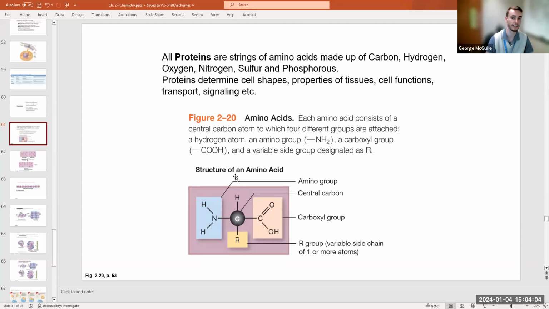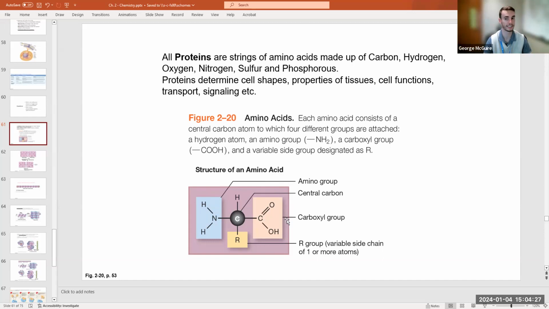And so these proteins, again, are strings of amino acids. So the monomer here, the building block that makes up proteins, is a single amino acid bonded to another one. Each amino acid has a central carbon with the same 3 groups listed here. And then that 4th bond left on the carbon is what changes between each amino acid.